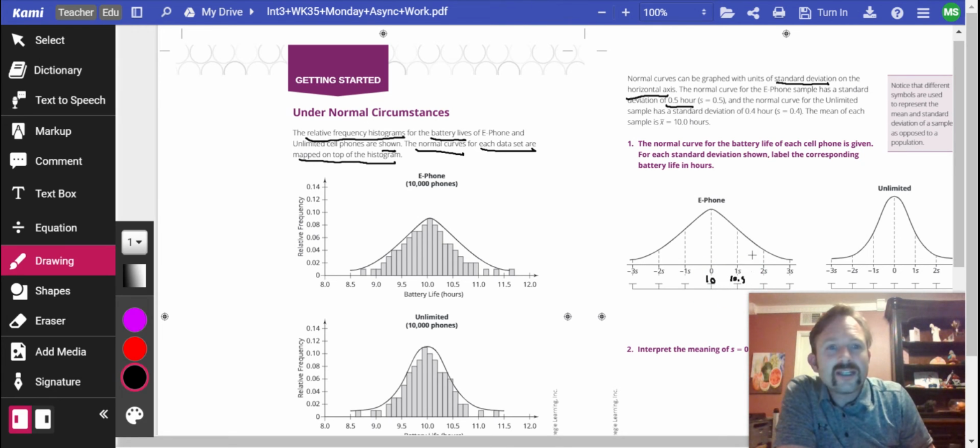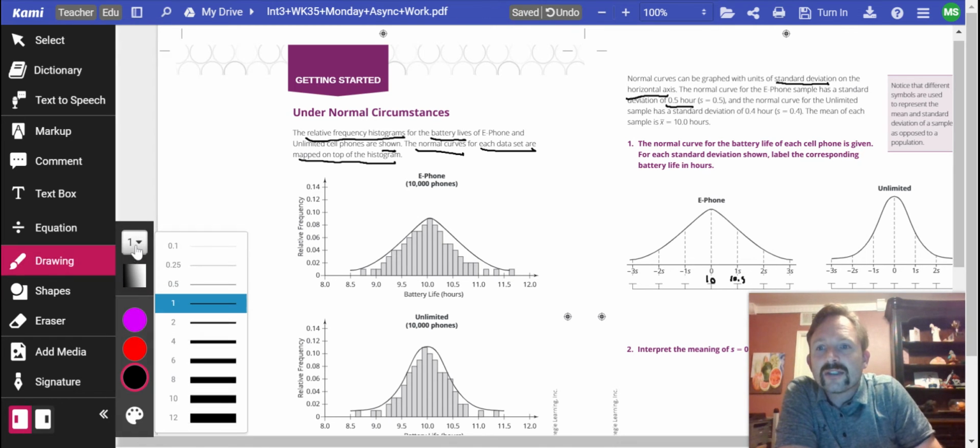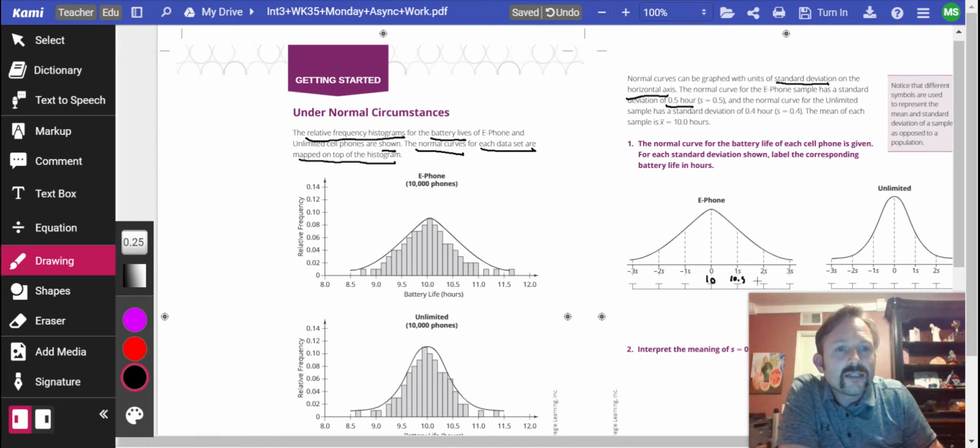I should have made this a little bit smaller. Let's make it smaller. And then 11, and then another standard deviation later would be 11.5. Going backwards, this would be 9.5, followed by 9 and 8.5.